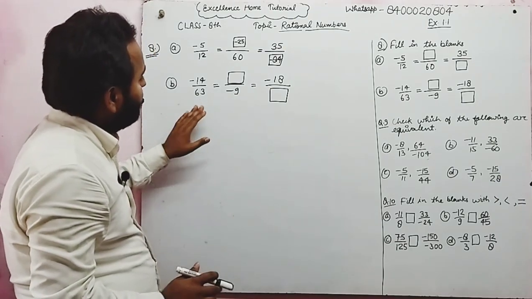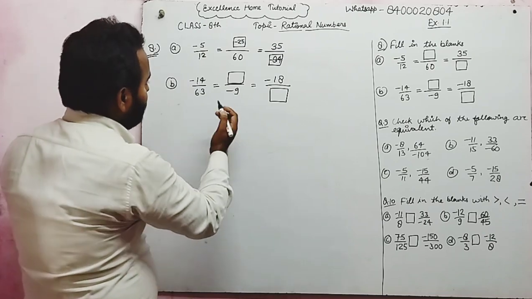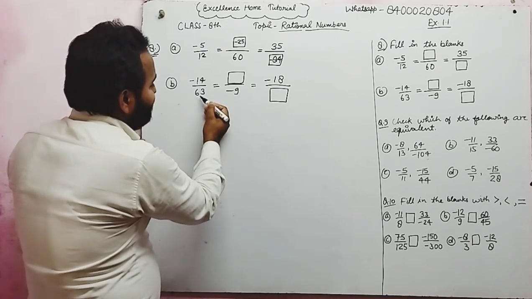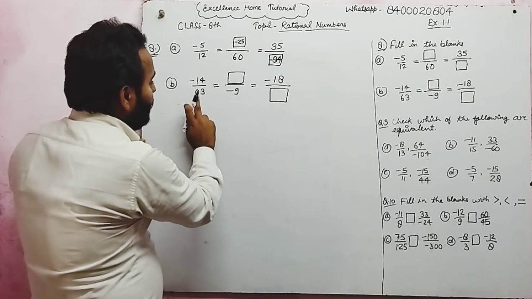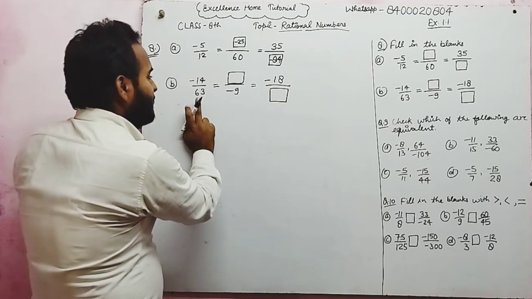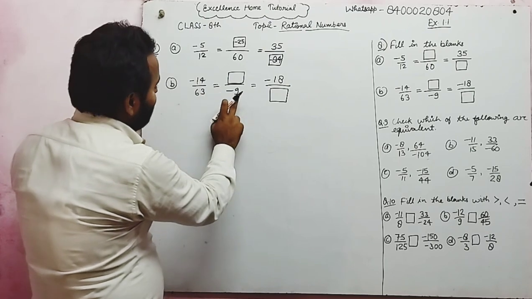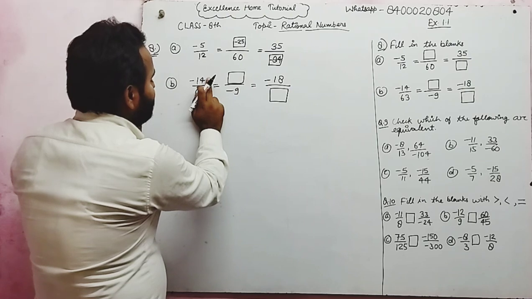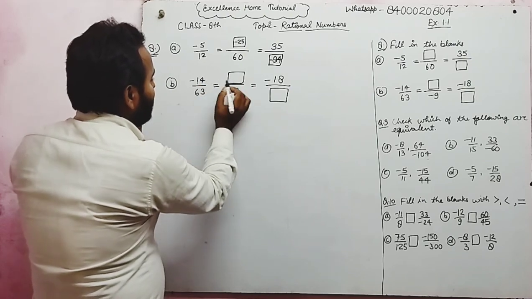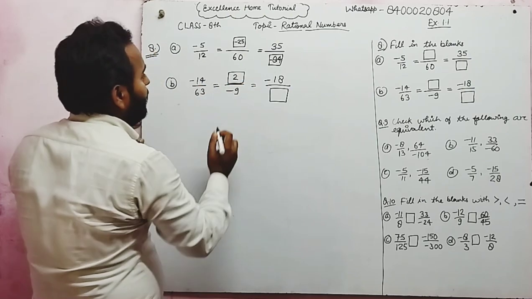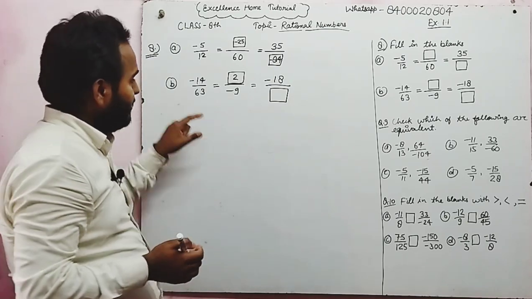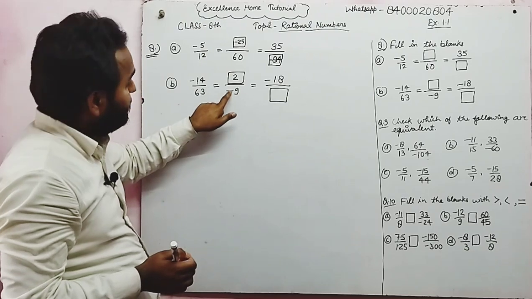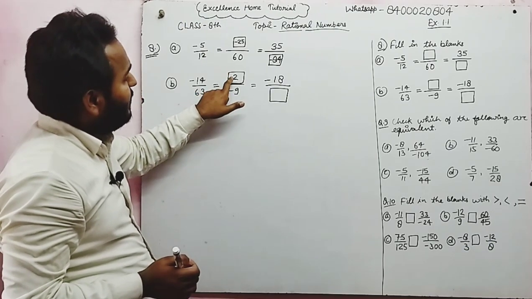So let's focus on this. 9 times 7 is 63, that means we have to divide by 7, so we get minus 9. Okay, so dividing by 7, that means 2, and we have to observe that this has a negative sign and this also has a negative sign, so this must be positive.